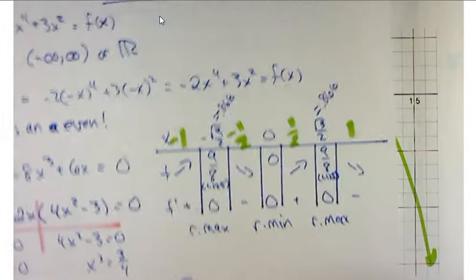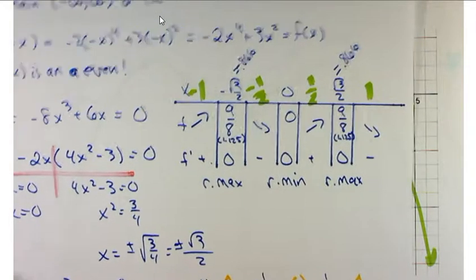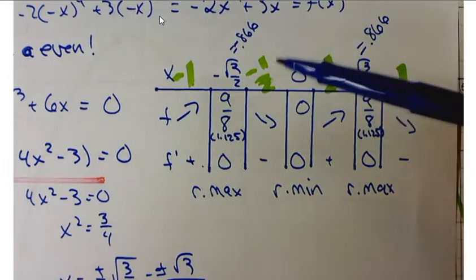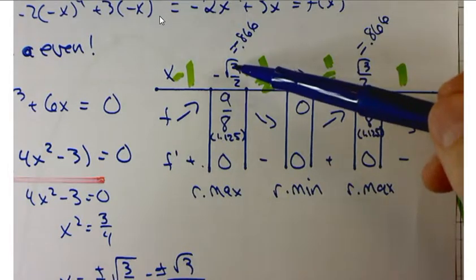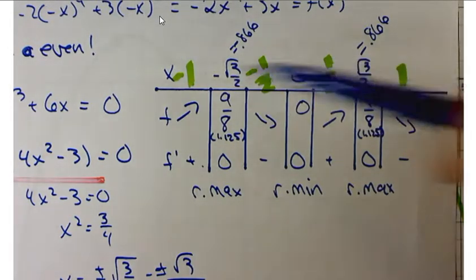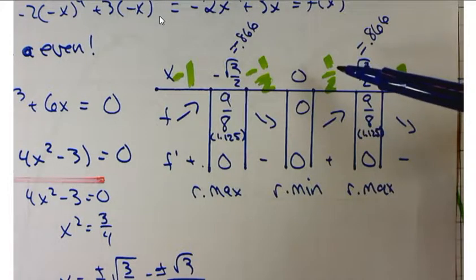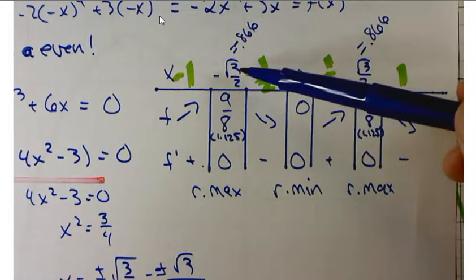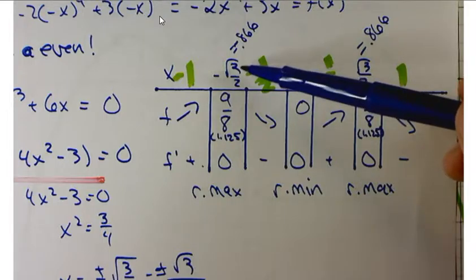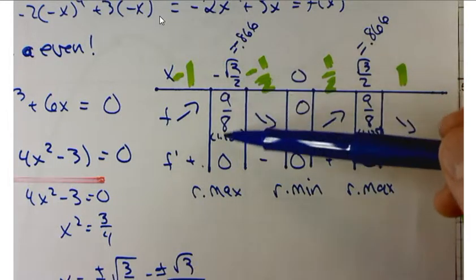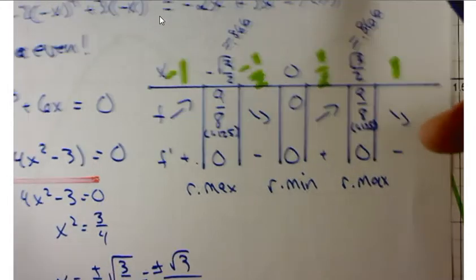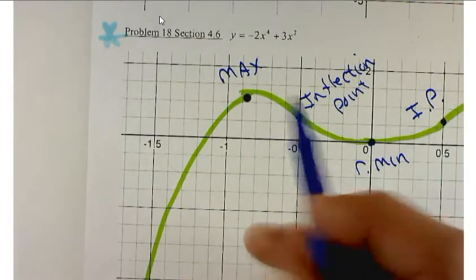What does the 9/8 have to do with it? Well, at these values of x is where you had critical points. These are the y values that go with it. So when you plug in -√3 divided by 2, you get the numerical value of 1.125. So that's a point that I plotted, actually it was plotted for you.